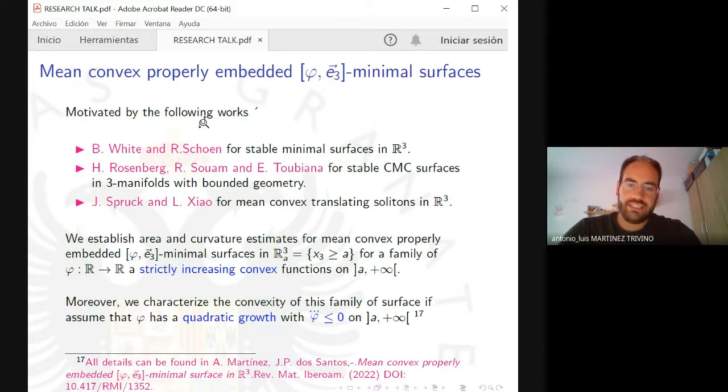Okay, so let's start with the third section, where I will study the global geometry of mean convex properly embedded phi-minimal surfaces.